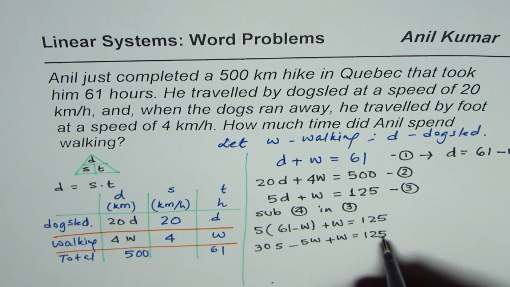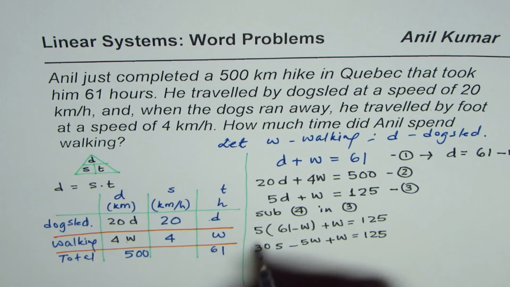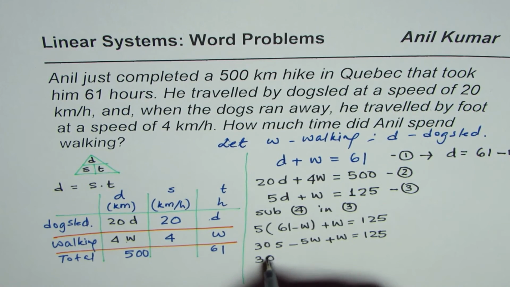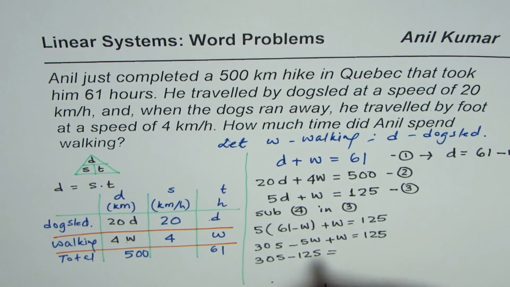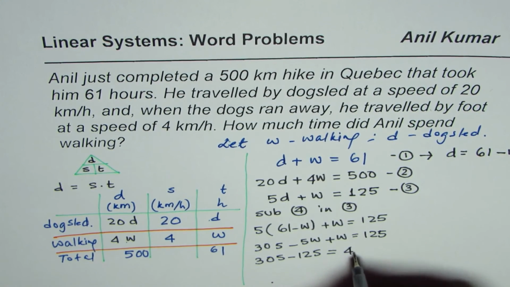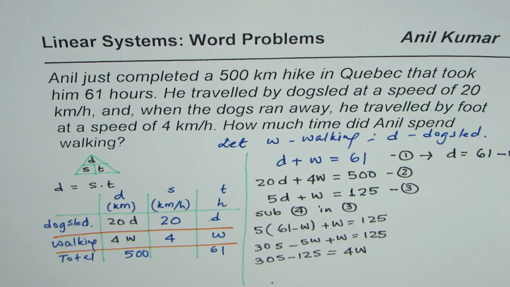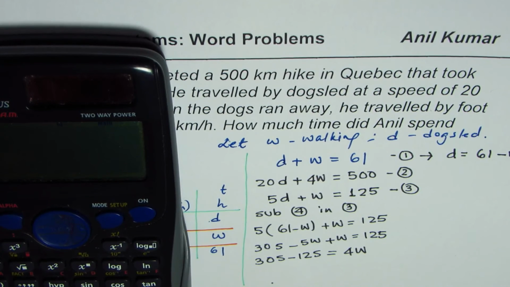Bringing 125 to the left, we have 305 minus 125 equals 4W. So 305 take away 125 gives you 180.